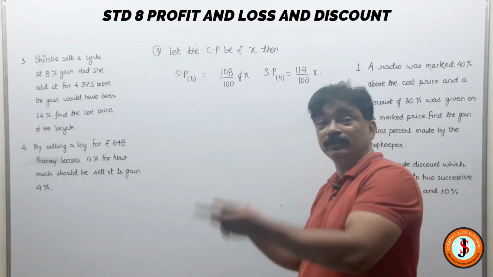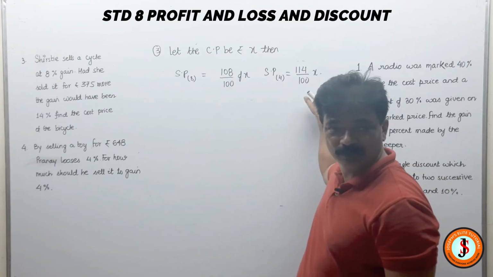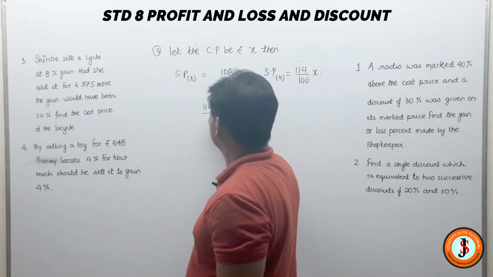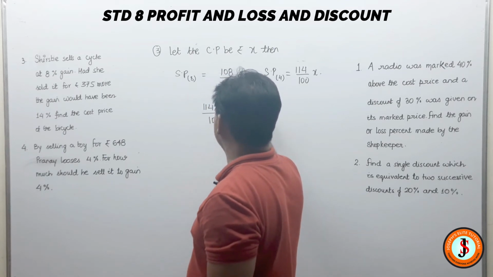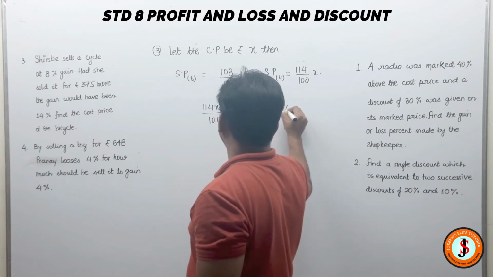So 114x by 100 is equal to 108x by 100 plus 375.